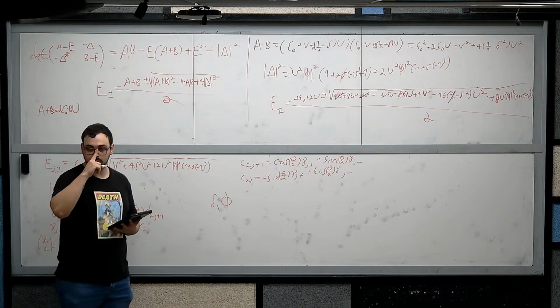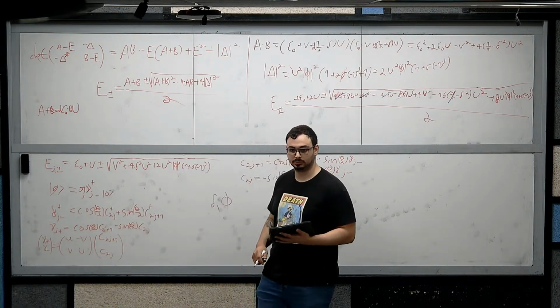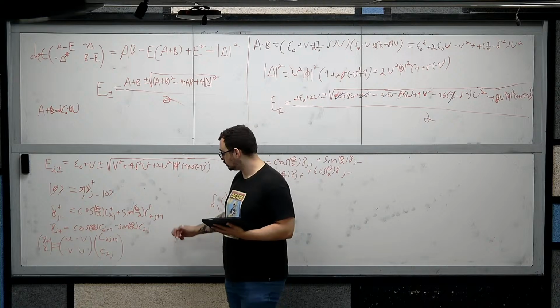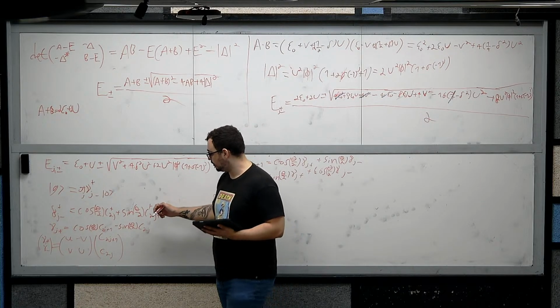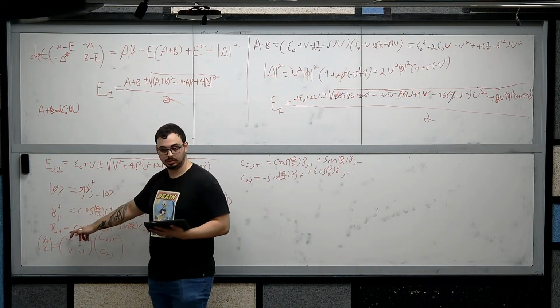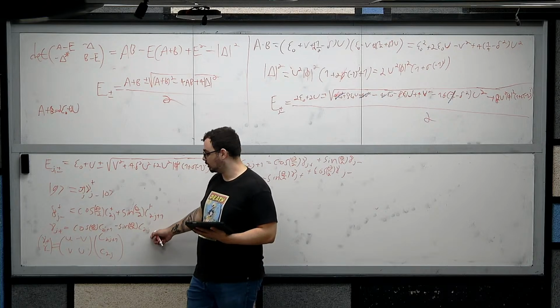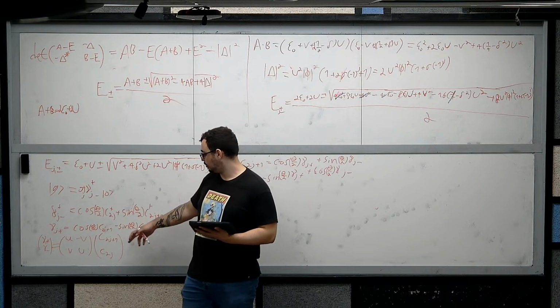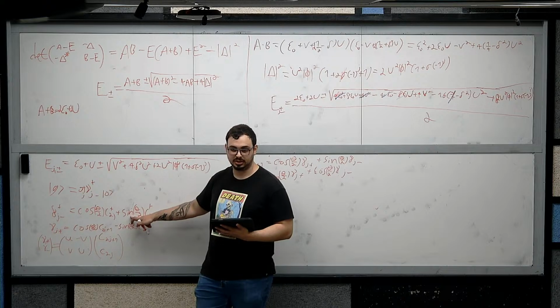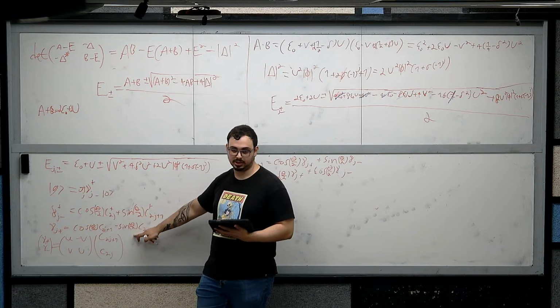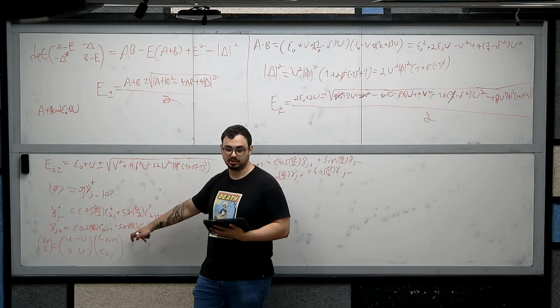I got this term because, by using the cosine and sine, I know I'm expecting a Bogoliubov transformation. So this term I didn't calculate directly. I just know it looks like that.